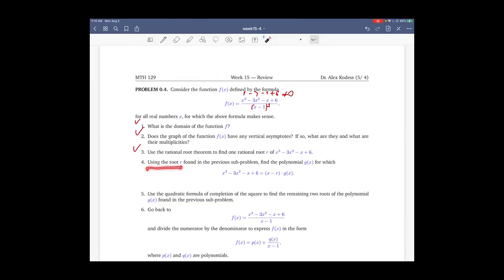Part 4. Using the root r found in the previous subproblem, find the polynomial g for which the numerator writes x minus r times g. Of course, then g is simply the ratio of this polynomial when it's divided by x minus r.